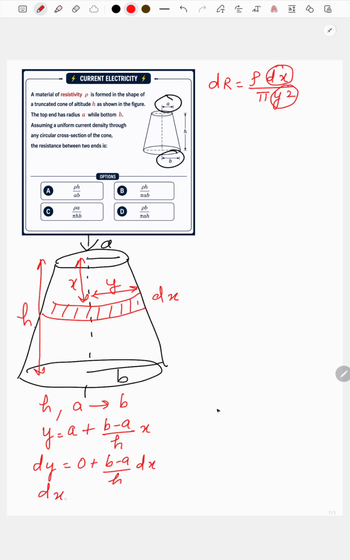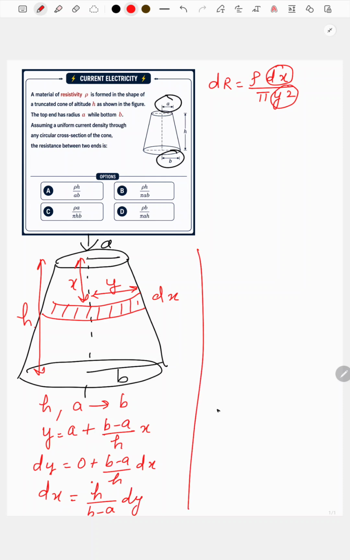So dy is equal to b minus a upon h into dx. Again rearrange: dx is equal to h upon b minus a into dy.